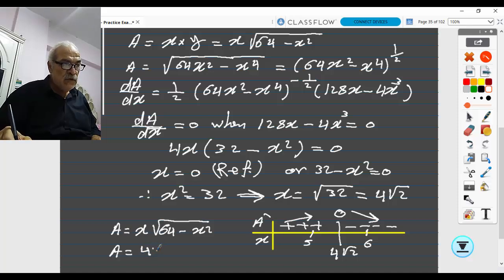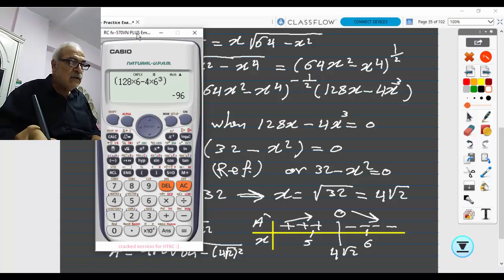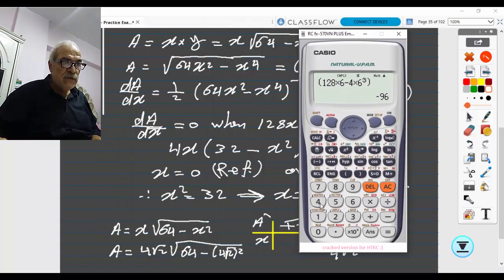It is 4 root 2 multiply square root of 64 minus 4 root 2 whole square.